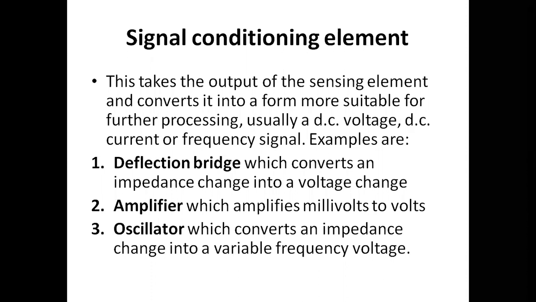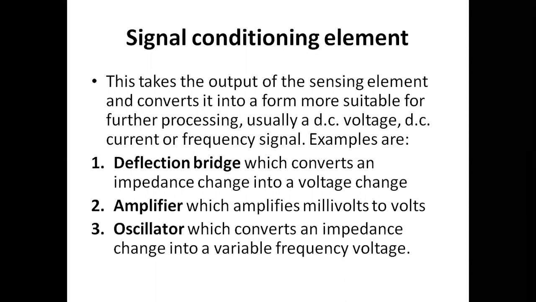Some examples of signal conditioning elements include the bridge, or what we call the Wheatstone bridge. The Wheatstone bridge converts impedance change to voltage change. I am sure you have come across a Wheatstone bridge previously, but we are going to discuss it because it's an element that is very widely used, and it is necessary that you understand fully how it works.